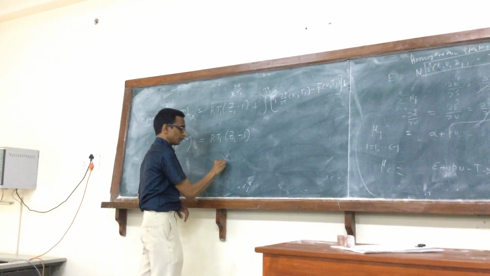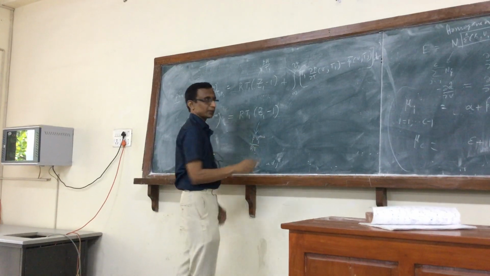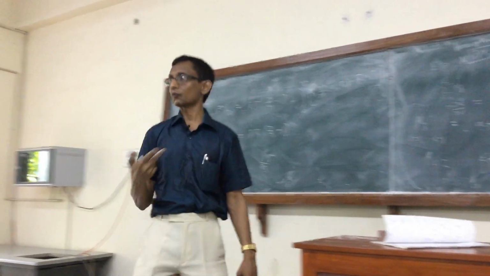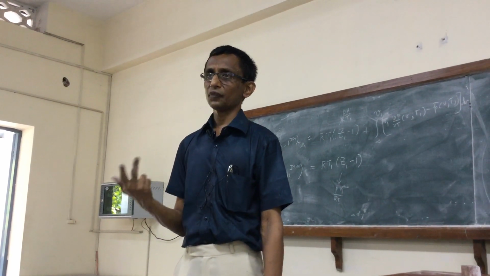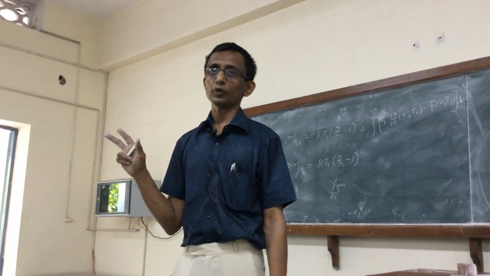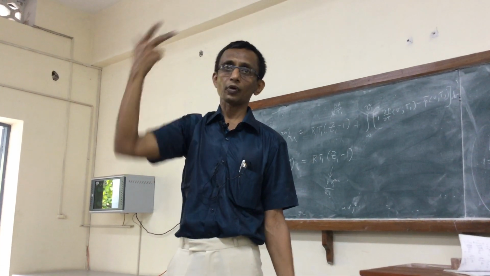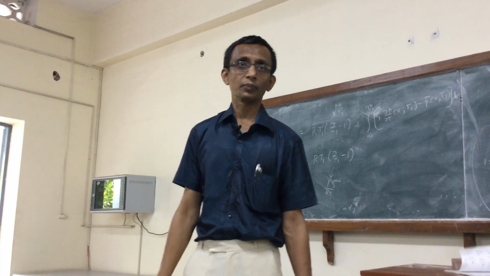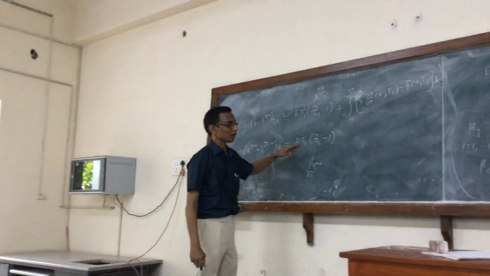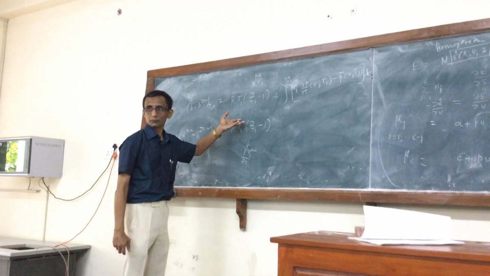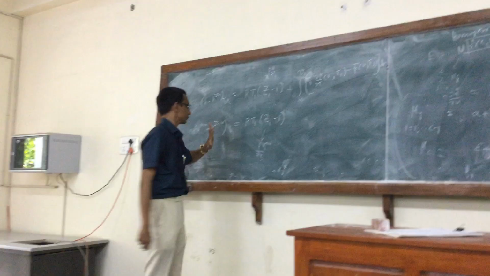Here it is also PV1 by RT1, except that the specific volume now corresponds to the specific volume of a mixture. It is defined in the same way, because we are dealing with only homogeneous states of mixtures. So volume by total number of moles will give the specific volume of the mixture. That's all, because now it becomes the mixture. Temperature, of course, we can put mix here also, but we know we are talking about a mixture. T1 is the temperature of the mixture.